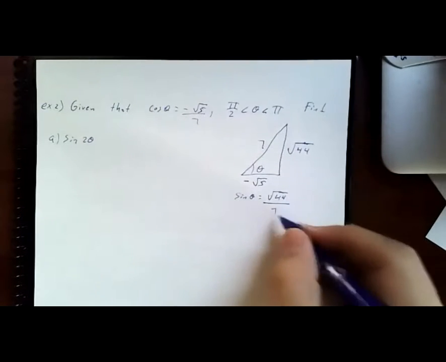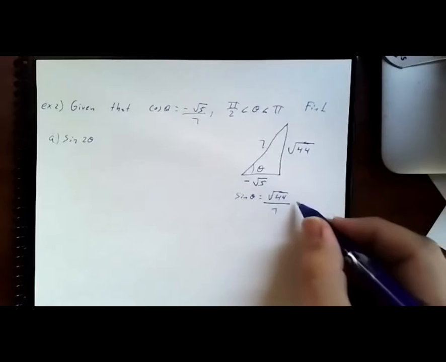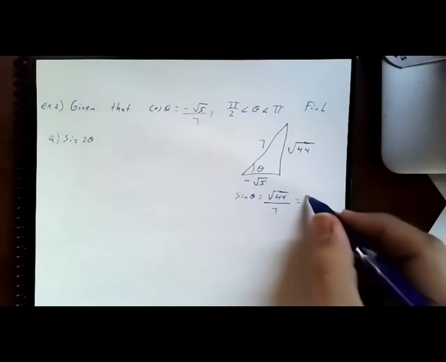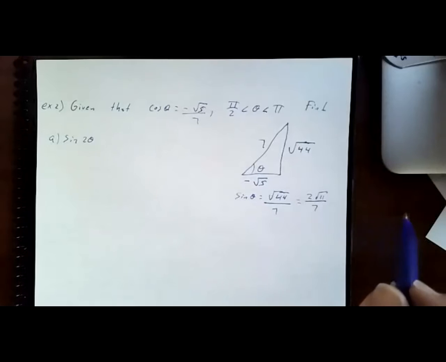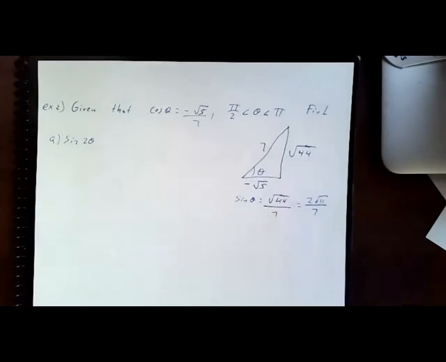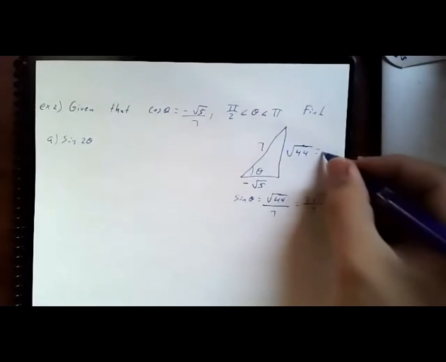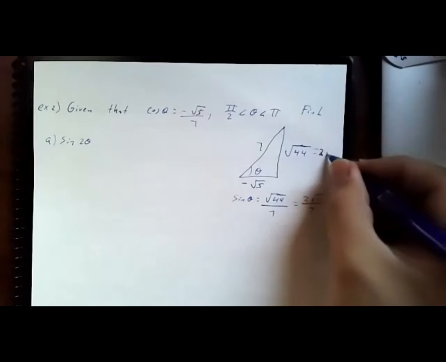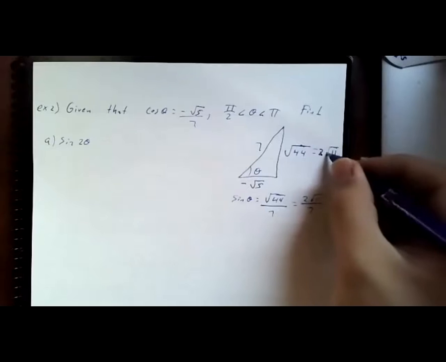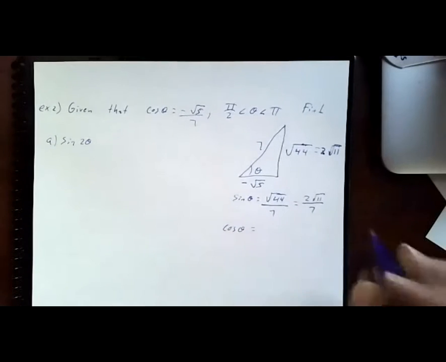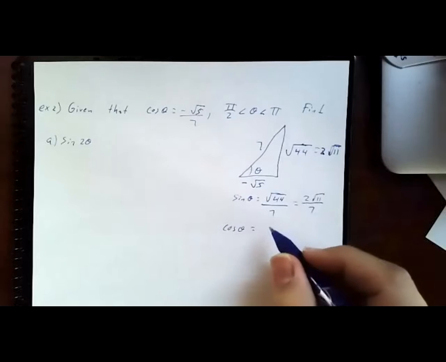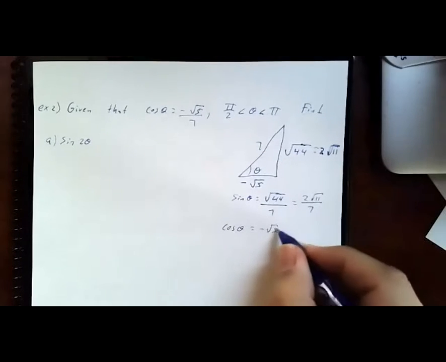Over 7, which is technically 2 root 11 over 7, because you can reduce the root 44. Cosine: oh, they gave us cosine, so we're good.